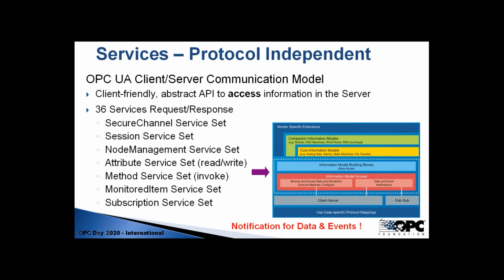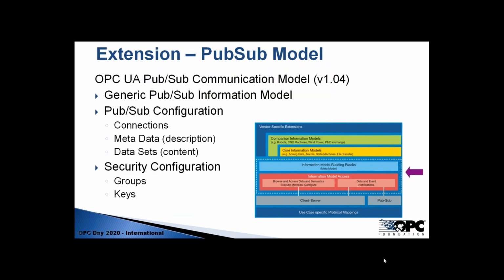So this is the access model you can see here in the red box. The PubSub on the other side is an extension, and it extended OPC with a model for configuring what is going to be published or subscribed via an application.